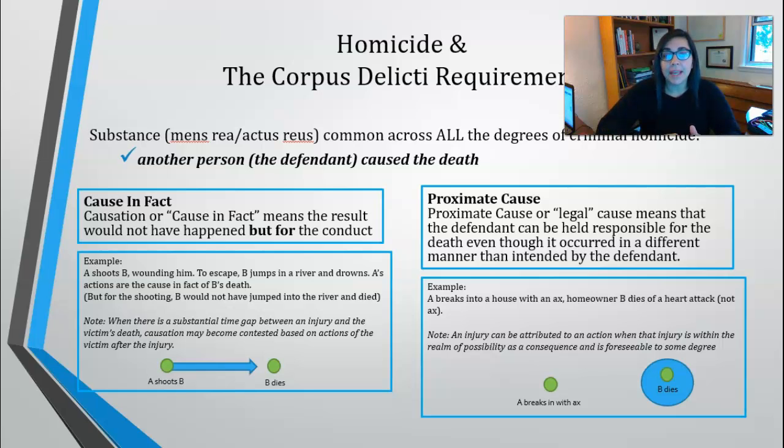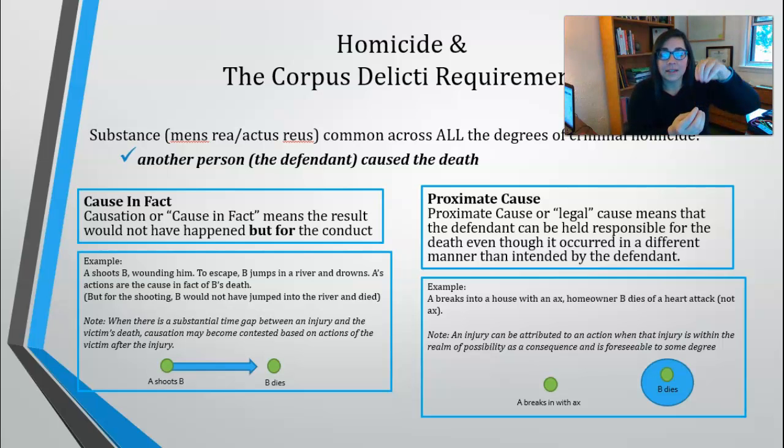To escape, B jumps in a river and drowns. A's actions are the cause in fact of B's death. But for the shooting, B would not have jumped into the river and died. So if we think about this in terms of this graph, what we have is the point where A shoots B. What happened thereafter is a direct result of the fact that A shot B. If A had just walked by B and had not done anything, they'd both be just walking along on their merry way.